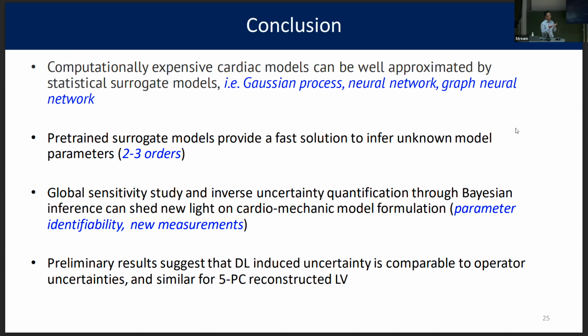And the global sensitivity study and uncertainty quantification can help us to reformulate and reparameterize the models. Also, our preliminary results suggest that the deep learning based approach and its induced uncertainty is comparable to the operator uncertainty, including the dimension reduction part. Thanks for your attention. I'm happy to answer any questions.